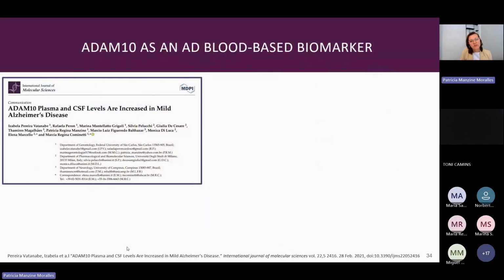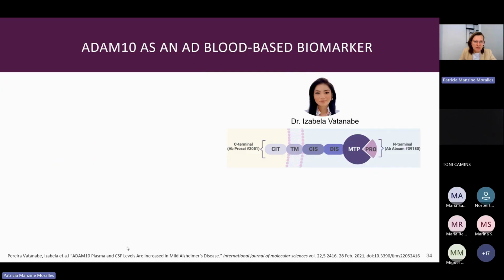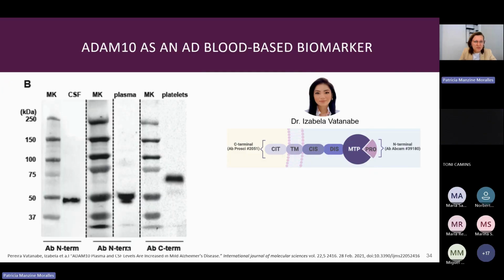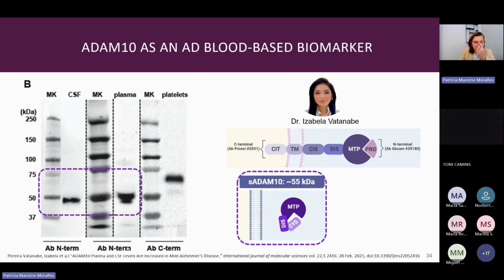With this knowledge, we tested different antibodies in different biological samples, using CSF, plasma, and platelets. The results show that in the CSF and plasma samples, a band of around 55 kilodaltons could only be detected with the antibody that binds to the extracellular domain.